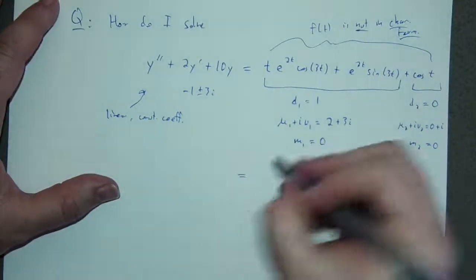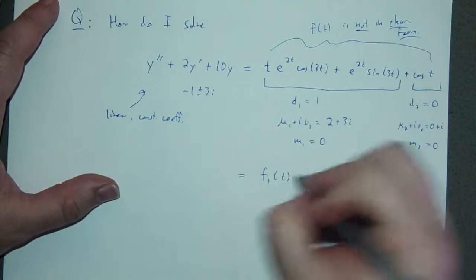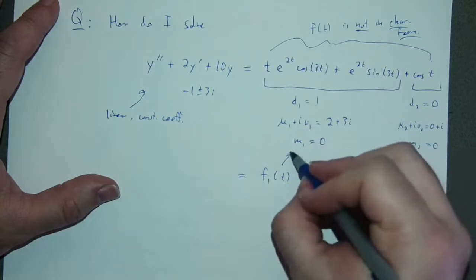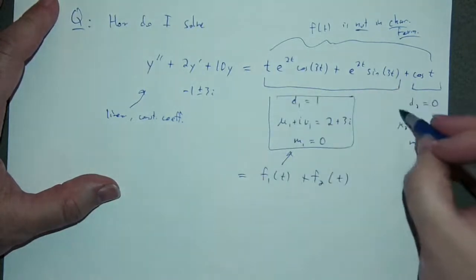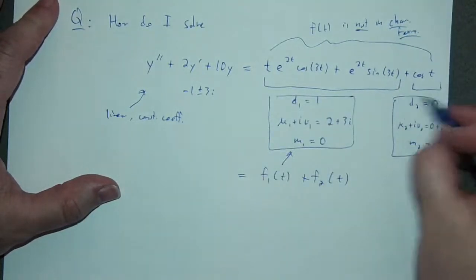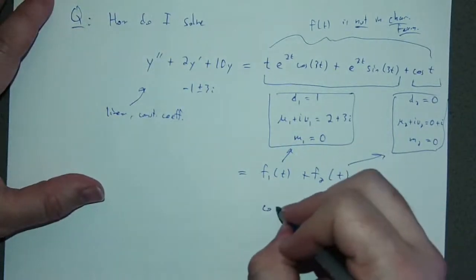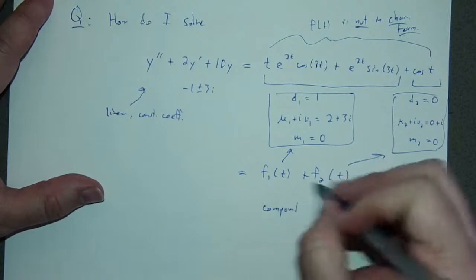So it's really f sub 1 of t plus f sub 2 of t. And each of these are in characteristic form with degree, characteristic, and multiplicity indicated here. This is an example of what's called compound characteristic form.